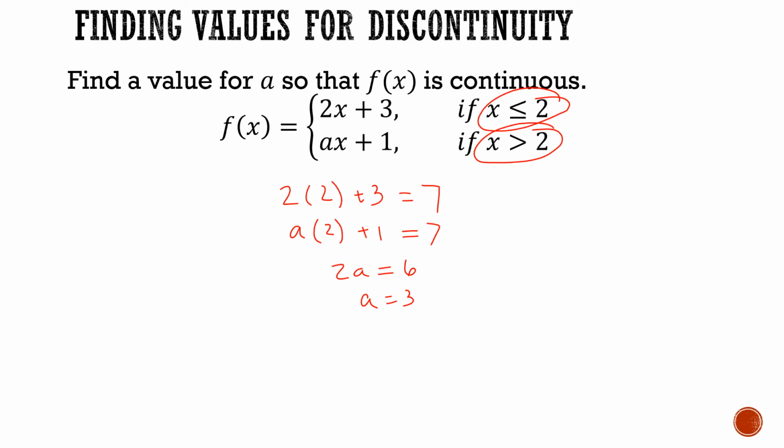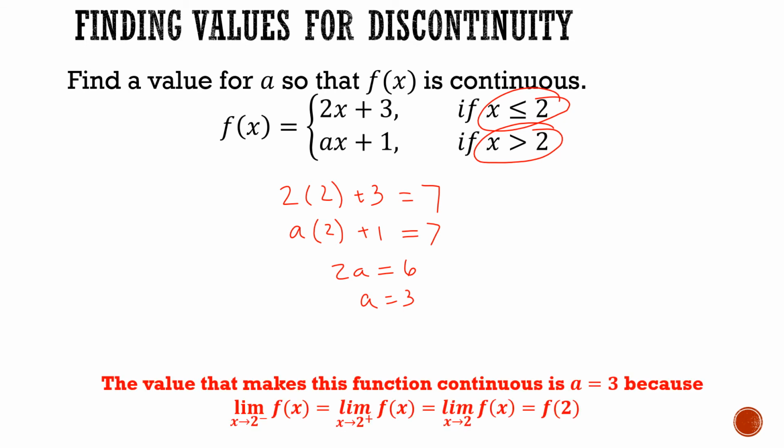Now, the catch to this is when you write these continuity statements, you have to say why. Why does it work? You can't just say a equals 3 and call it a day. We didn't actually do any calculus. So in order to get full points for this question, you have to state why it works. So I would say something like, the value that makes this function continuous is a equals 3, and that's because the limit on the left equals the limit from the right equals the limit itself, which equals the value at 2.